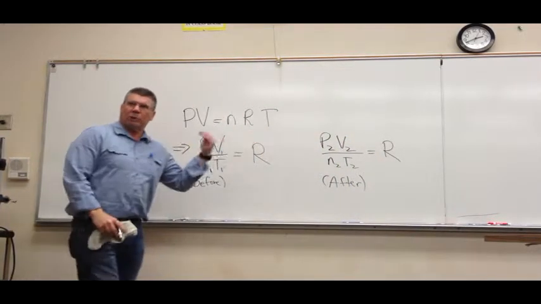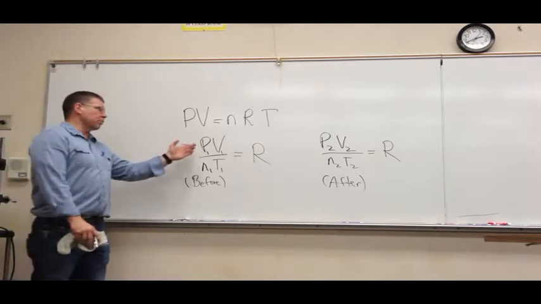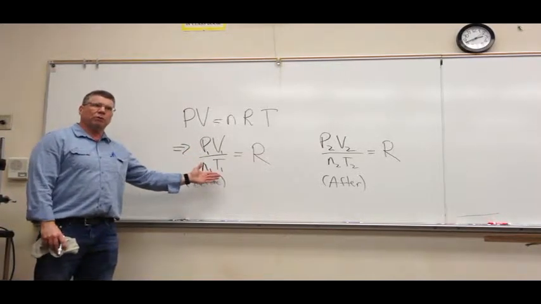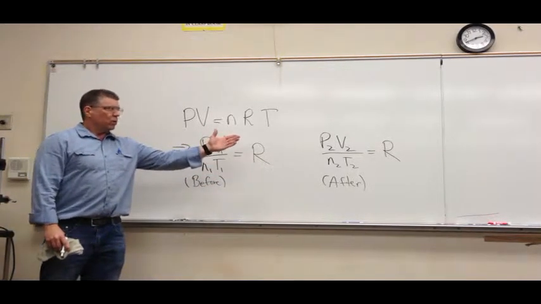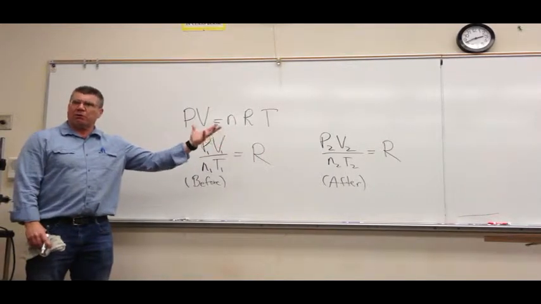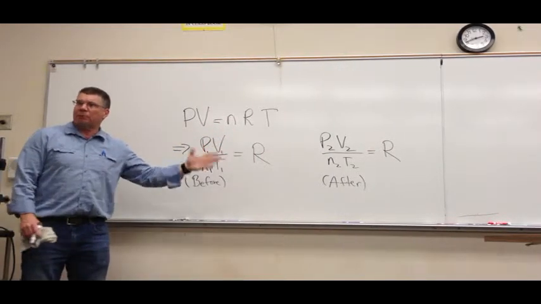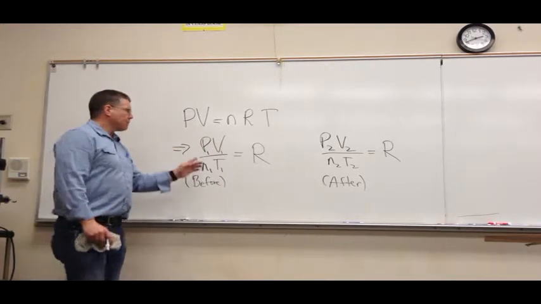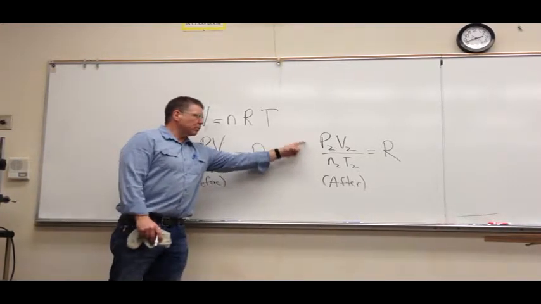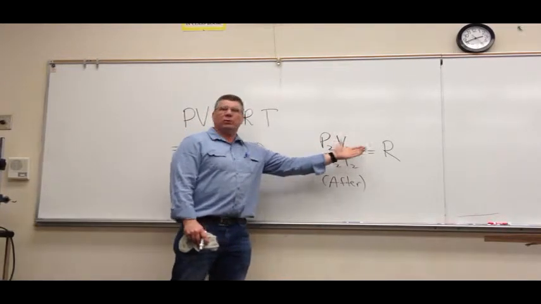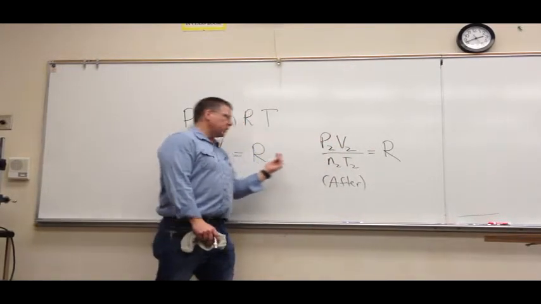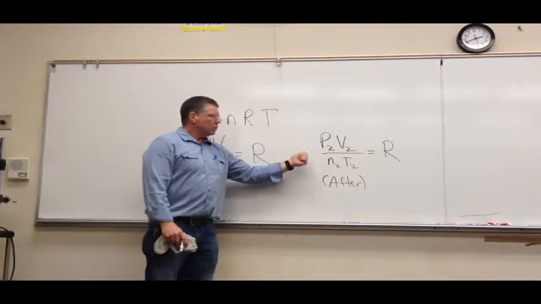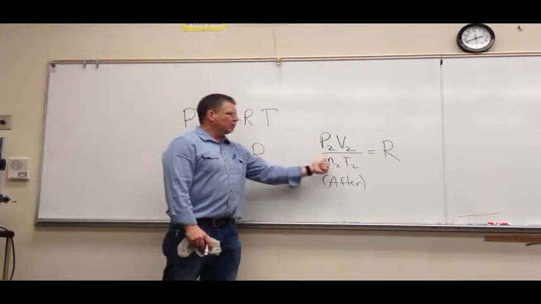So you understand what I'm showing? We have a gas, has some pressure, volume, number of moles, and temperature, and we're going to change maybe the pressure, the volume, maybe the amount, something, okay? It has a new set of variables over there. But the PV over NT is still equal to R in both cases, because the left-hand side is equal to the same thing on the right-hand side.